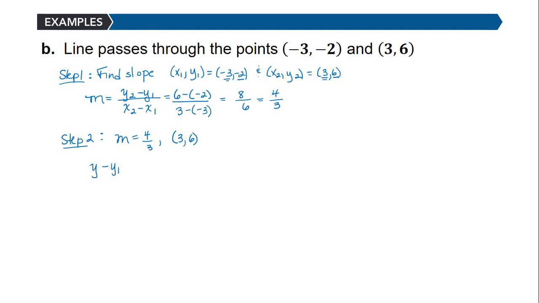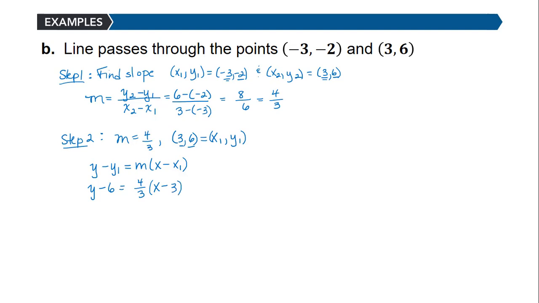So y minus y sub 1 equals m times x minus x sub 1. So this time our 3, 6 is our x sub 1, y sub 1. We get therefore y minus 6 is equal to 4/3 times, in parentheses, x minus the x1 value, which is 3.